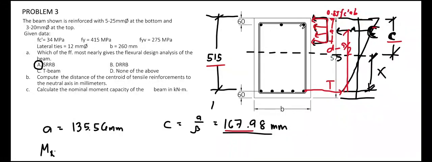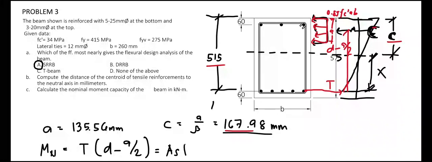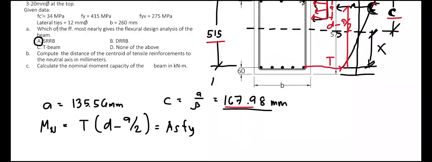So the nominal moment is equal to T times the moment arm distance of d minus a over 2. And to solve for T, that is As, the total steel area on the tension side, multiplied by the yield strength of steel, since our steel here would actually yield, multiplied by the moment arm distance of d minus a over 2.